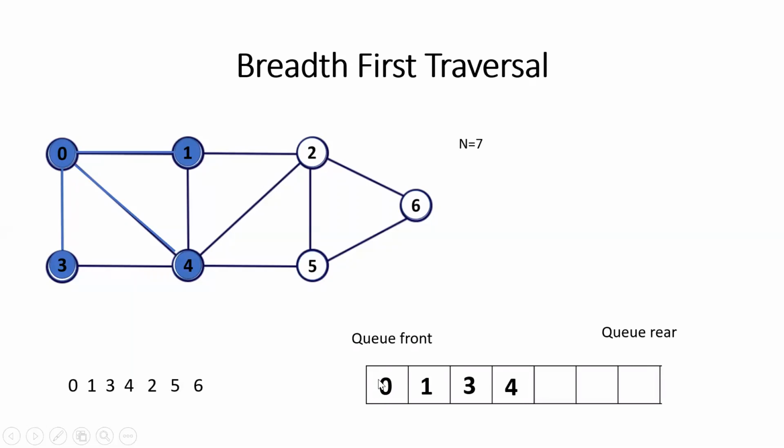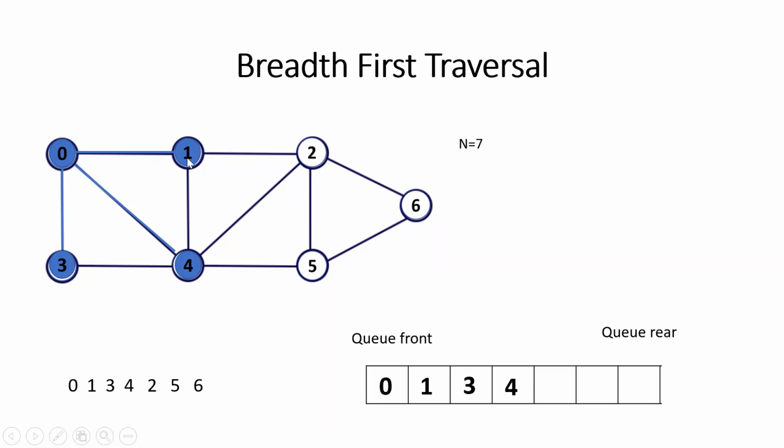So tell me what are the adjacent vertices of vertex 0? 1, 3 and 4, ma'am. So we have just now visited 1, 3 and 4 and we have inserted 1, 3 and 4 in the queue. Understood? Yes, ma'am.